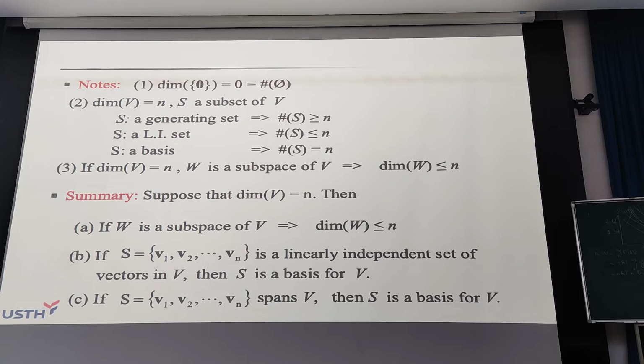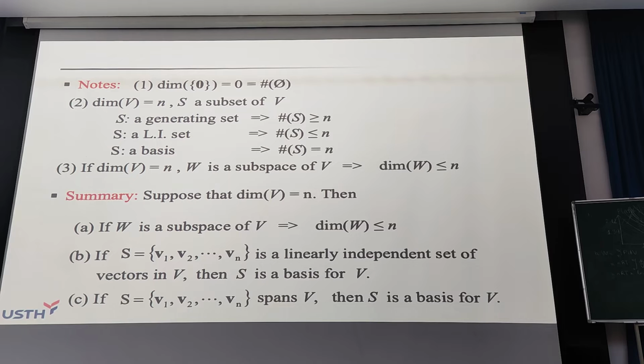If S is a linearly independent set, then the number of vectors in S is at most n, or we can say it is less than or equal to n. Only in the case S is a basis does the number of vectors inside S equal n exactly.